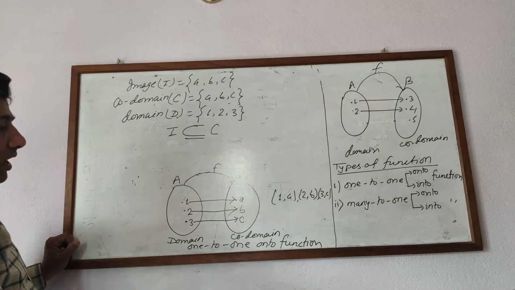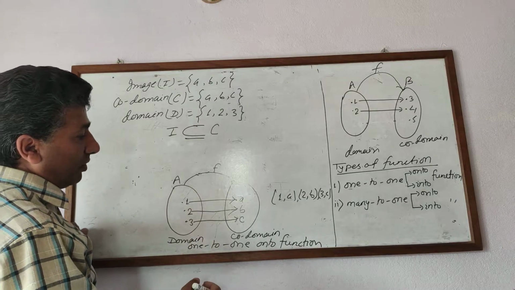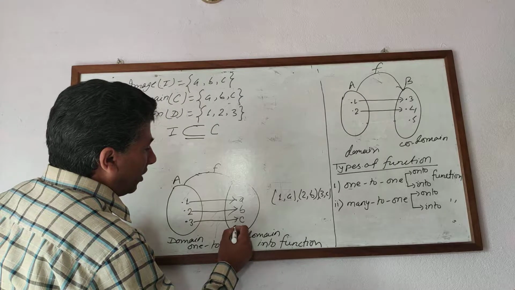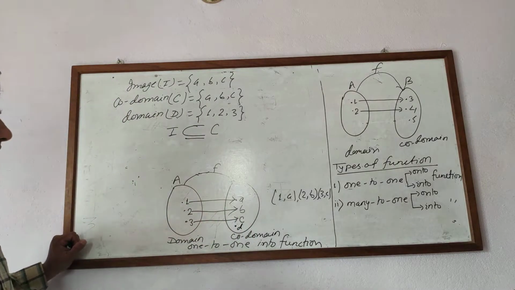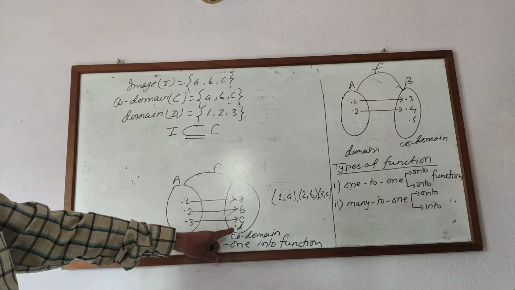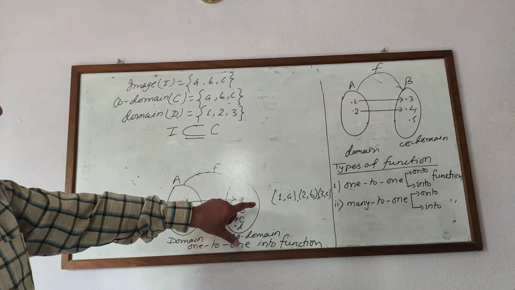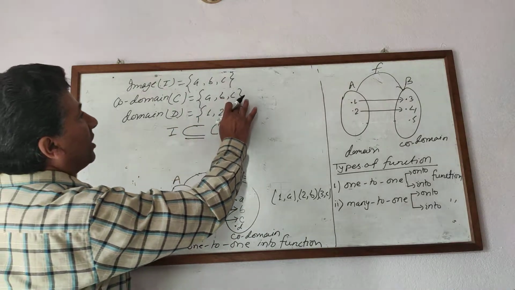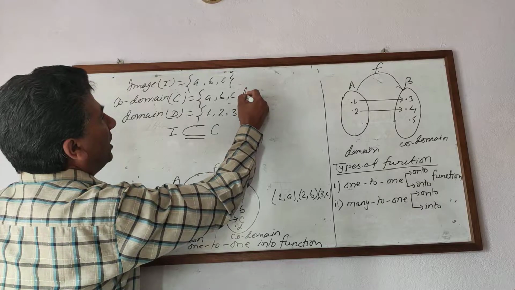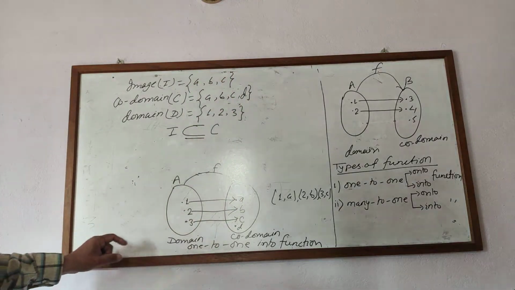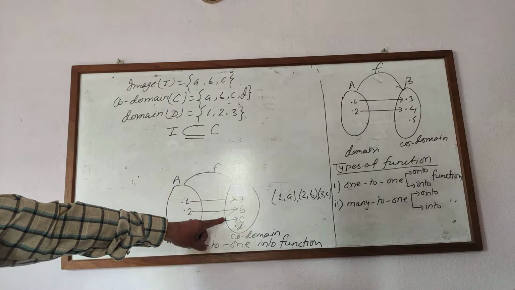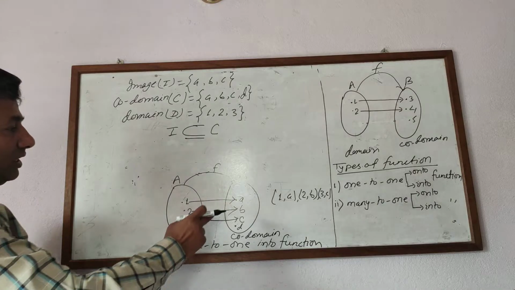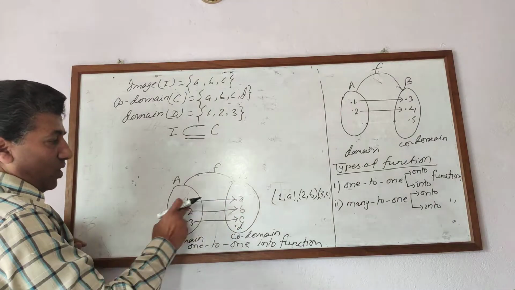Now I'll say another example, one-to-one into function. Suppose I write here one more element, that is D. I added one element here, D. In set B, there are 4 elements, A, B, C, D. That's why the set of codomain is A, B, C, D. Now it has 4 elements, but out of these 4 elements, A has pre-image 1.